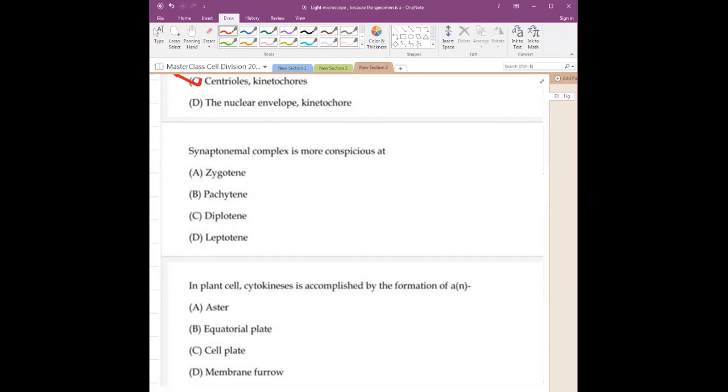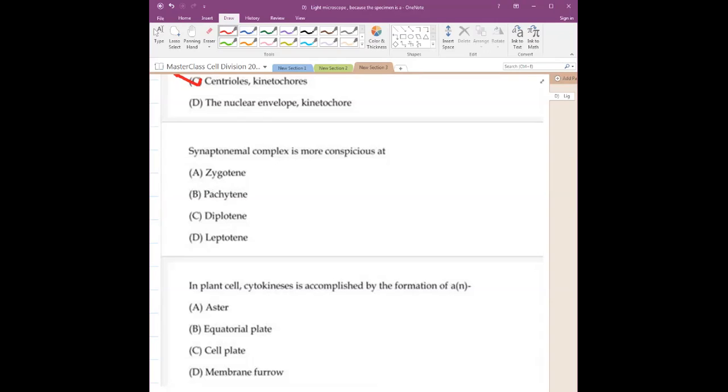Now, guys, once again, there is a little thing you need to think about. When is it going to be formed? It is formed in zygotene. But in zygotene it is not that prominent, because the chromosomes are not looking that great.